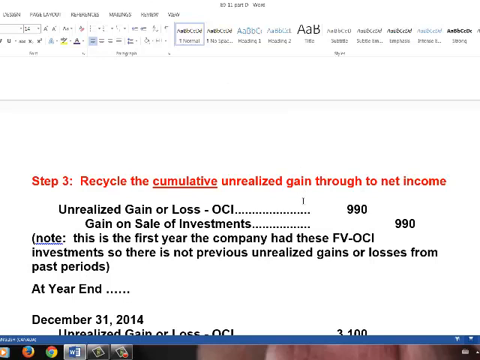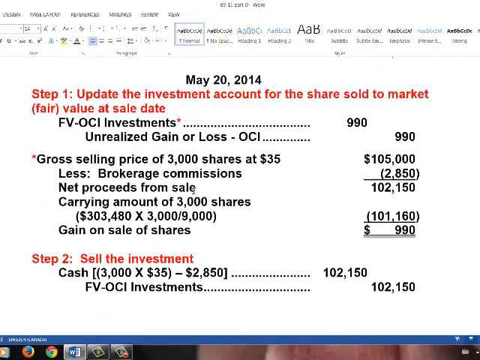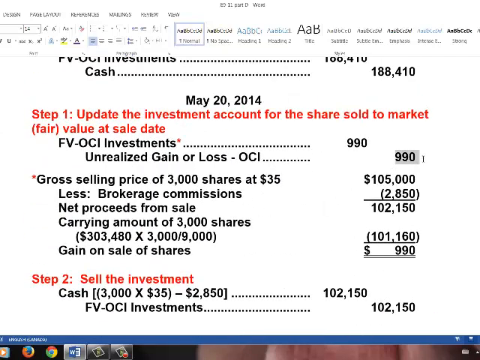So therefore, how much are we going to recycle? Well, this question made it a little bit easy for you because they told you that 2014 is the first year in which the company had invested in equity securities. So we know that there were no previous unrealized gains or losses in past periods on any of these investments. So the cumulative unrealized gain or loss is only the unrealized gain that we had this year, and that was $990.